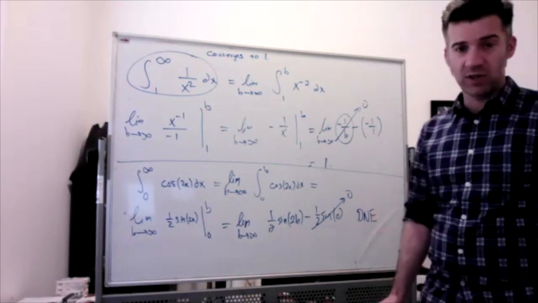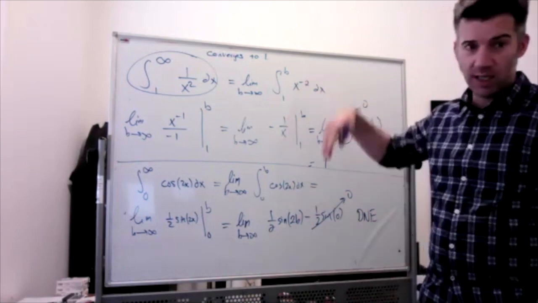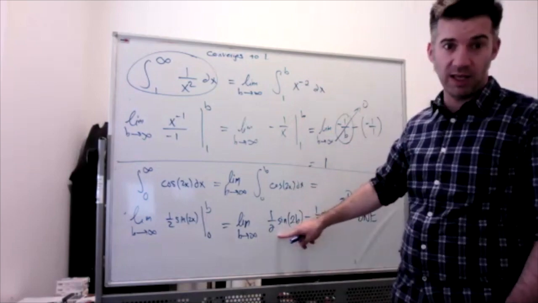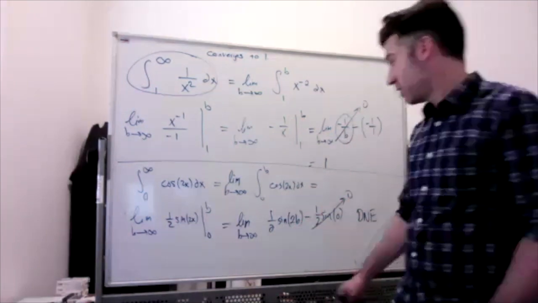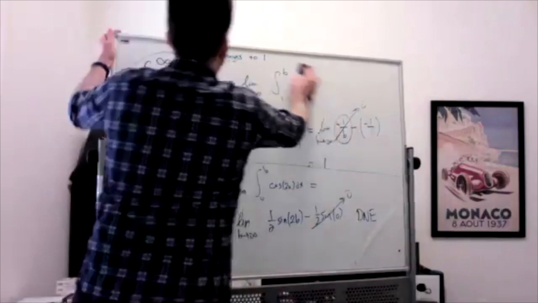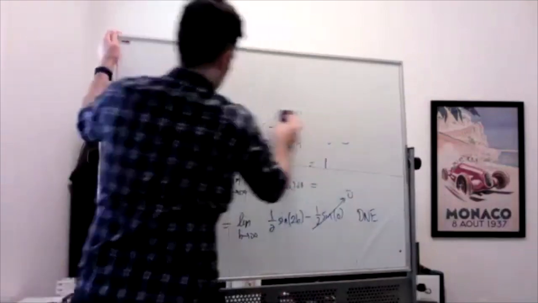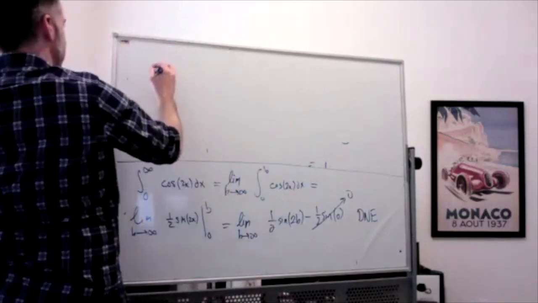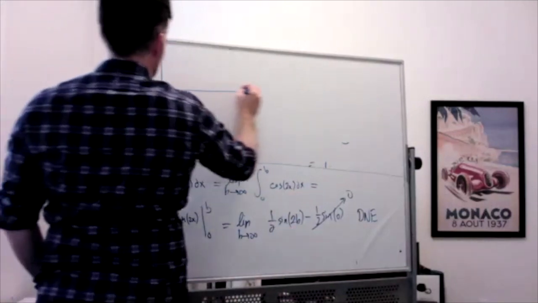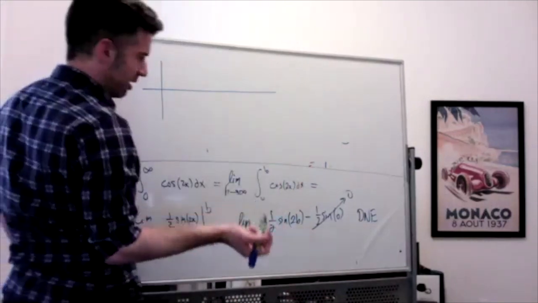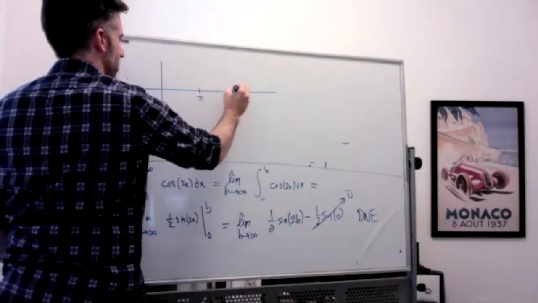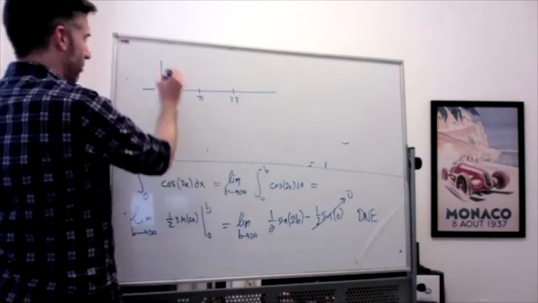The sine function, like the cosine function, oscillates up and down between 1/2 and negative 1/2 in this case, forever and ever and ever. Right? I could draw some of it for you. This sine function specifically, sine of 2b, has a period of pi and an amplitude of 1/2.